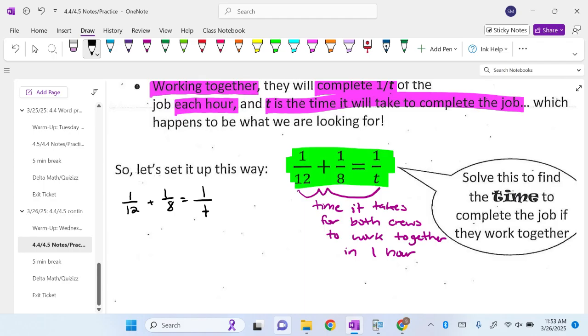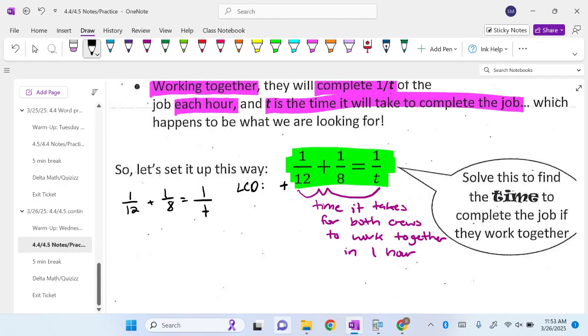So let's look at what each have and what each don't have. So because there's a t and no other fraction has a t in the denominator, we have to assume that part of our LCD has to have t in it somewhere. Now, let's think about this logically. So first off, we need to figure out if 12 and 8 are multiples of each other.